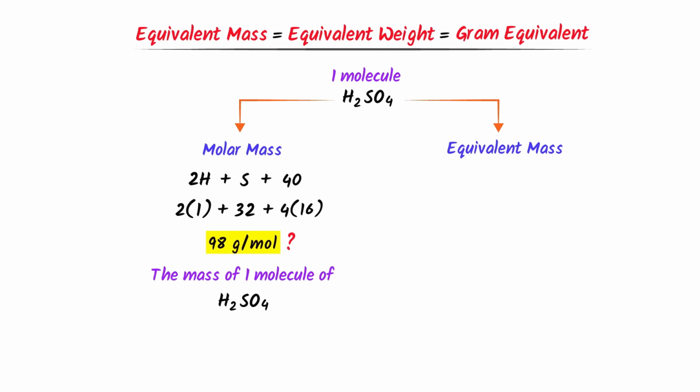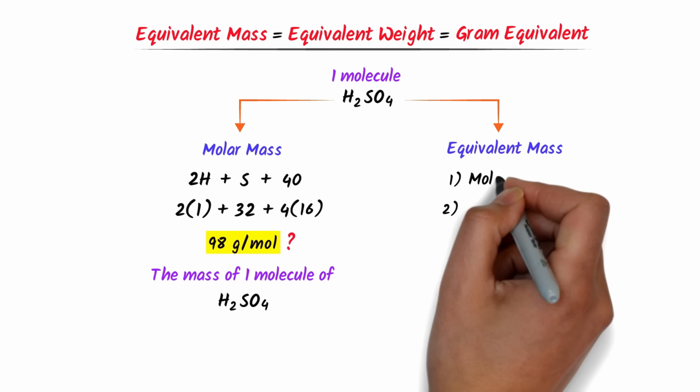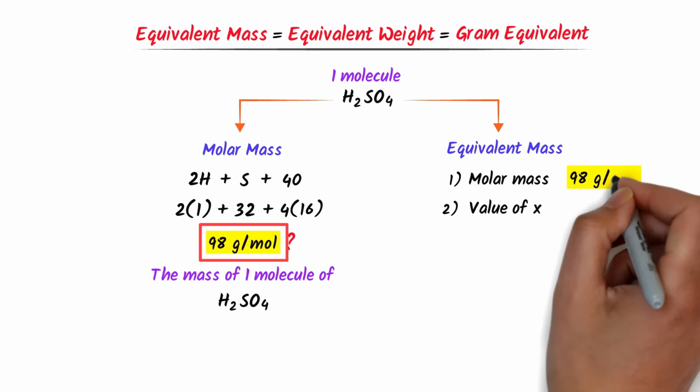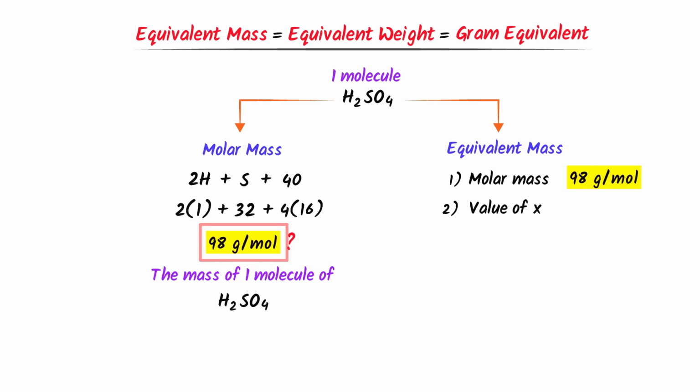Now what about equivalent mass? Well, to calculate equivalent mass, we need 2 things. I mean molar mass of a molecule and the value of X. We know that the molar mass of H2SO4 is 98 gram per mole. Secondly, we can see that there are 2 atoms of hydrogen present in H2SO4 which will dissociate in water or in any solution.